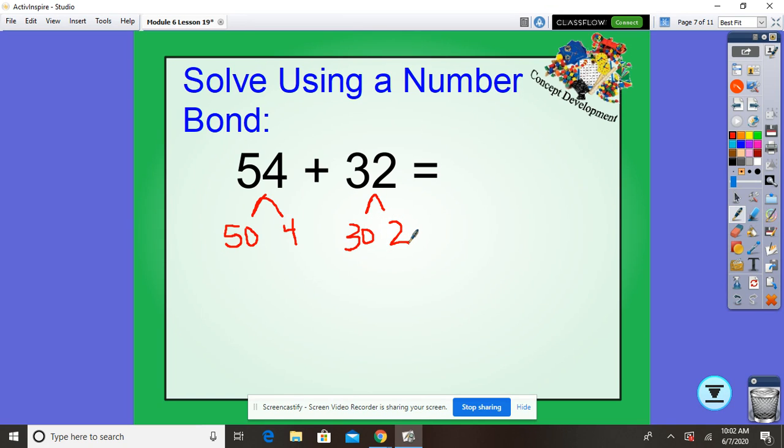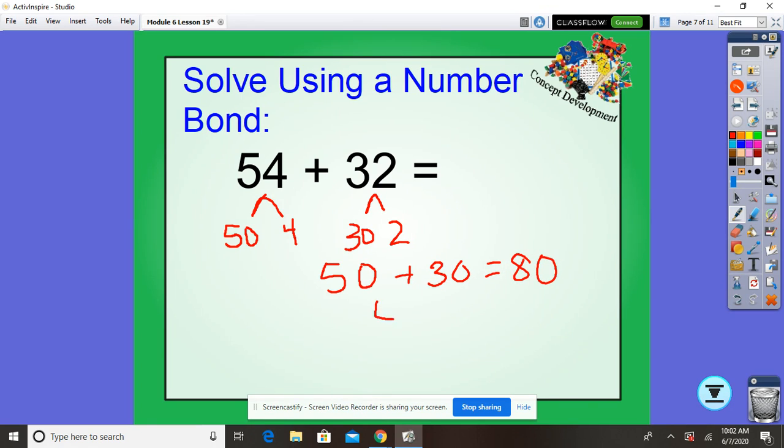So I'm going to add my tens first. So that is 50 plus 30, and that equals 80.